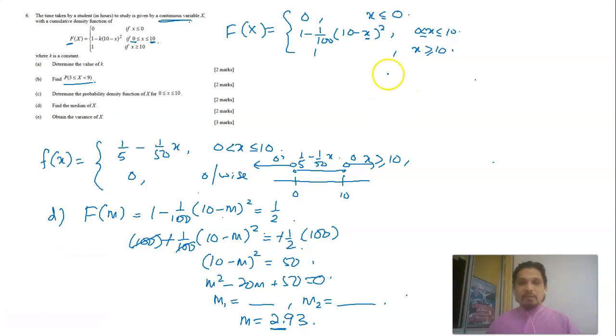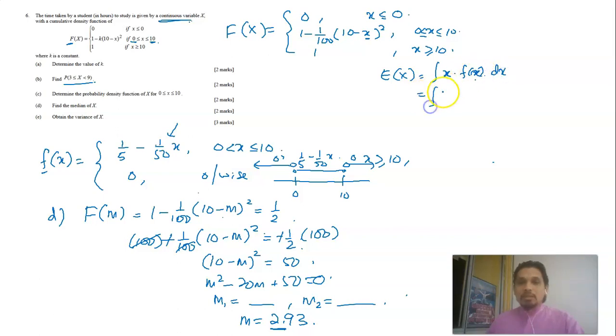Okay, so for the variance of x, we need to find the expected value of x first. Okay, for this, we are going to use the function small f(x), 1 over 5 minus 1 over 50 x, and the expected value of x is the integral of x multiplied with f(x) dx.